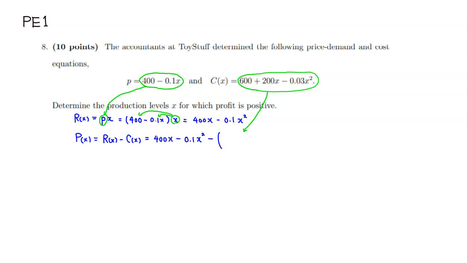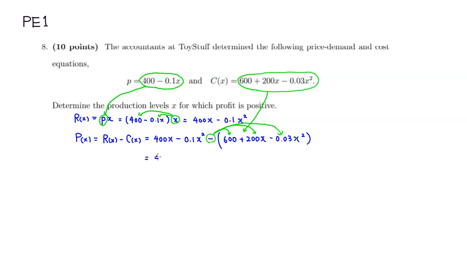It's 600 plus 200x minus 0.03x squared. And I'm going to distribute this negative sign to each term.